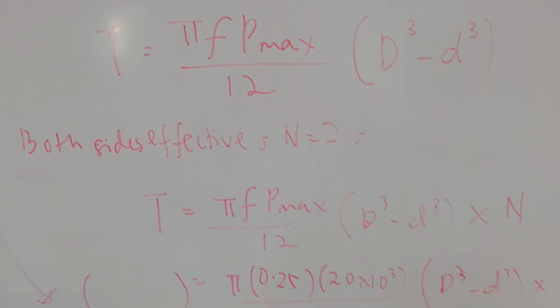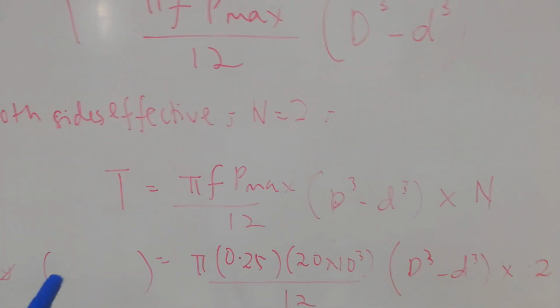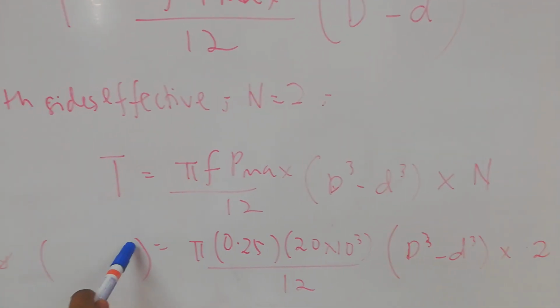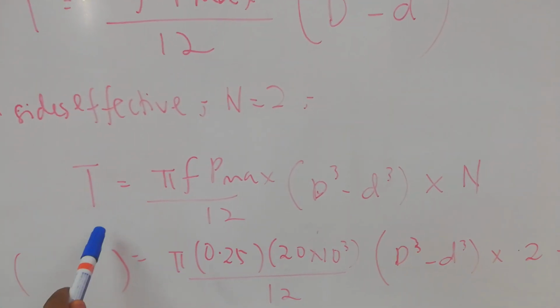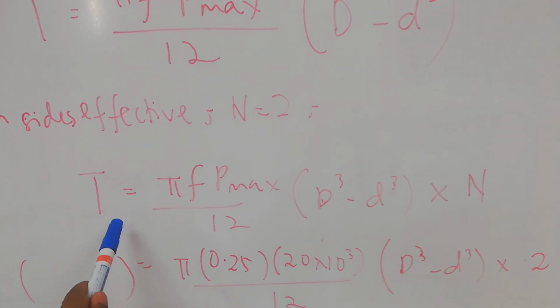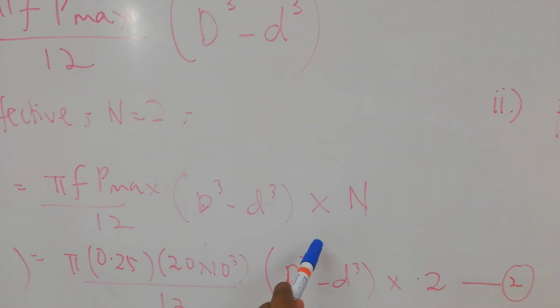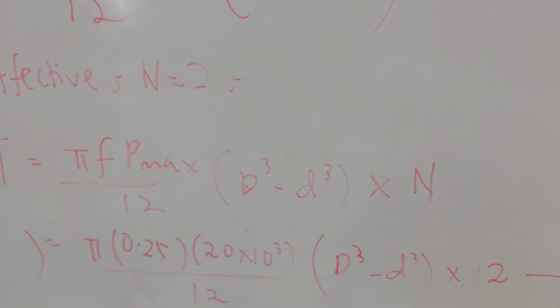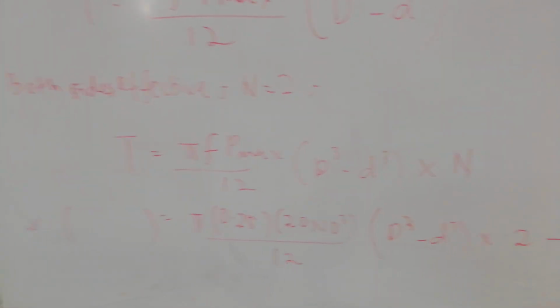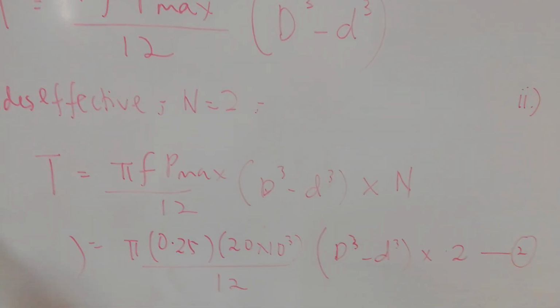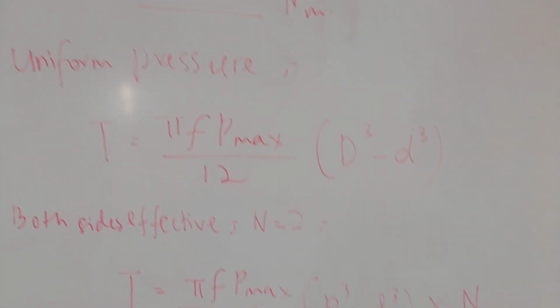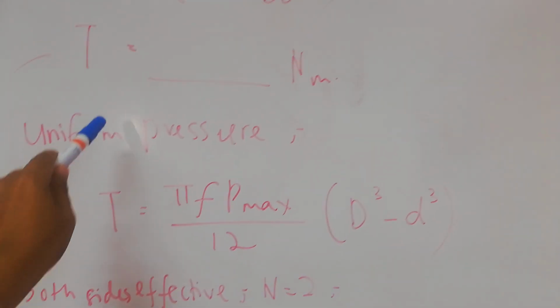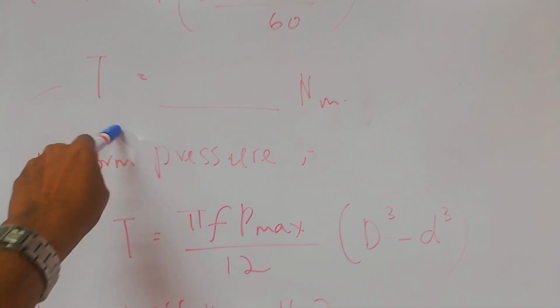Right. So we just substitute all the values, but please bear in mind that this torque value must be multiplied by the number of active friction surfaces, N. So T we get from the value that we obtained before.